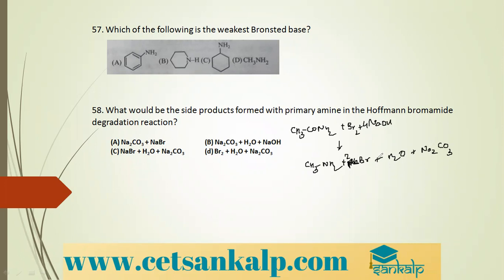Then 2 NaBr, H2O, Na2CO3. Correct? So 4 NaOH, that means here it is 2 H2O. So here, what are the side products? NaBr, H2O, and Na2CO3. So it is option C. So in Hofmann's bromamide degradation, as in most reactions, you should know the side products also.